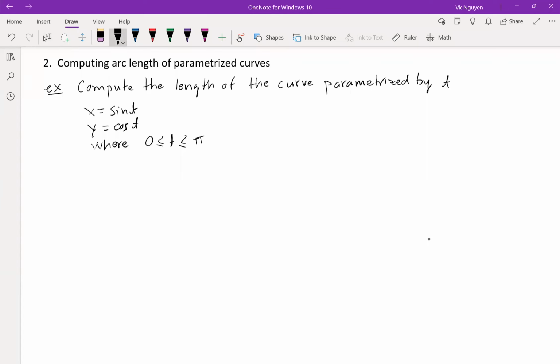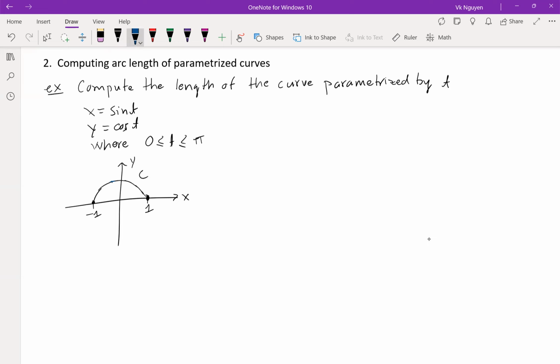If we plot this, then this is exactly half of the circle going from -1 to 1, and this is the curve C. We did it in the previous lesson. Now we just use a different method, parametrization, to do it.